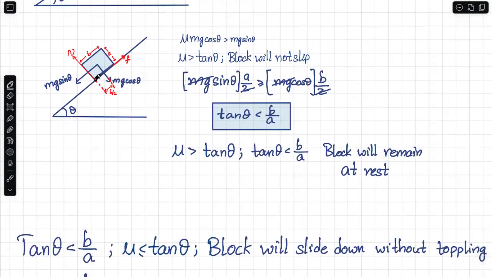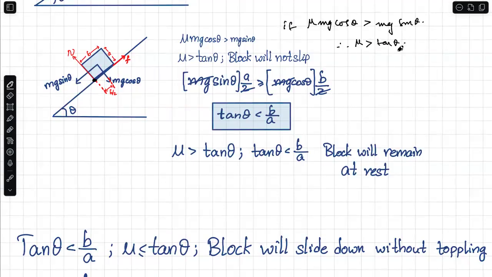Now, what we need to see is very clear. Of course, I am taking the edge case where the normal reaction is passing through here. You have one component mg sin theta, and another component mg cos theta. First of all, if mu mg cos theta is greater than mg sin theta, means mu is greater than tan theta.